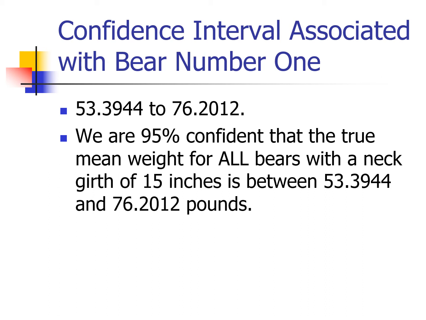If you look at a slice of bears, just the bears that have a neck girth of 15 inches, some of them weigh more than expected, some weigh less. What is the average weight for all of these bears? Well, we don't know it exactly, but we're 95% confident it's somewhere between 53 and 76.